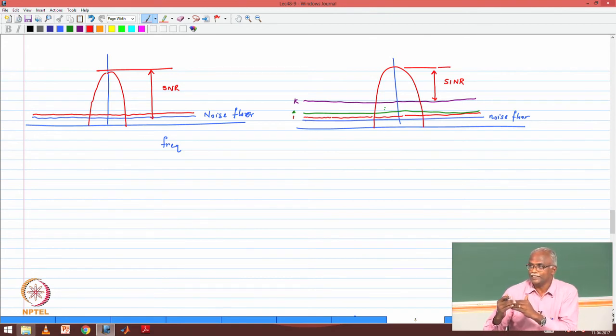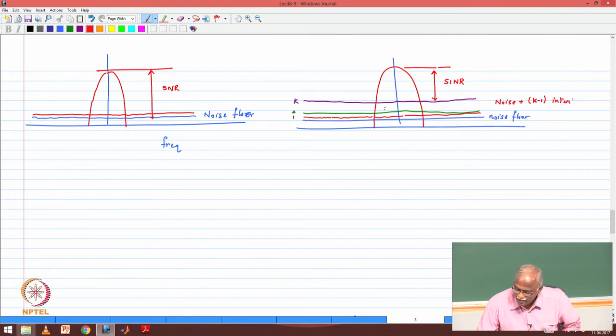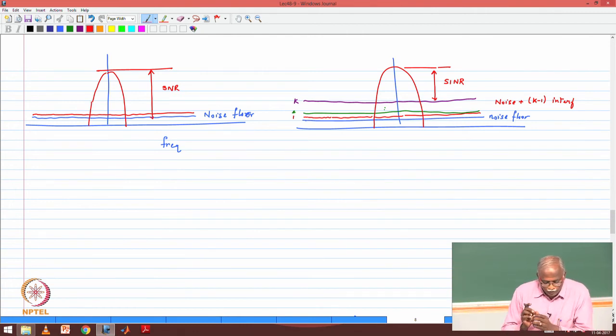Noise plus interference is now higher in a CDMA system. But basically this level will be the level of noise plus K minus 1 interferers. That is the reference impairment level. Okay. So very important that I achieve this picture and understanding.